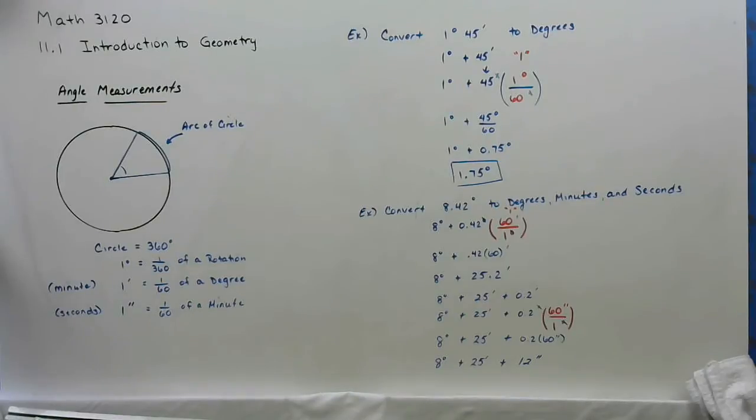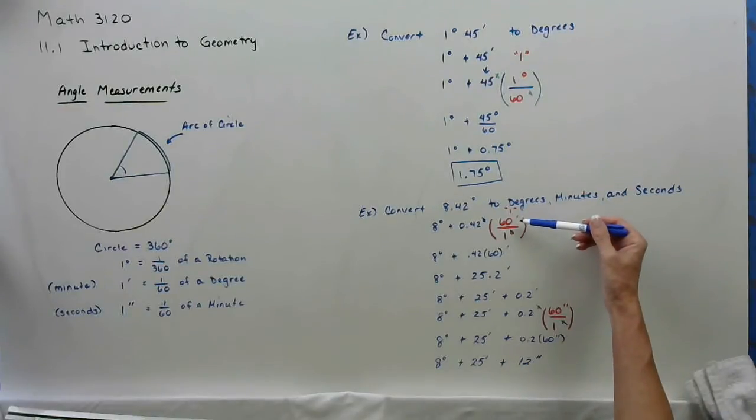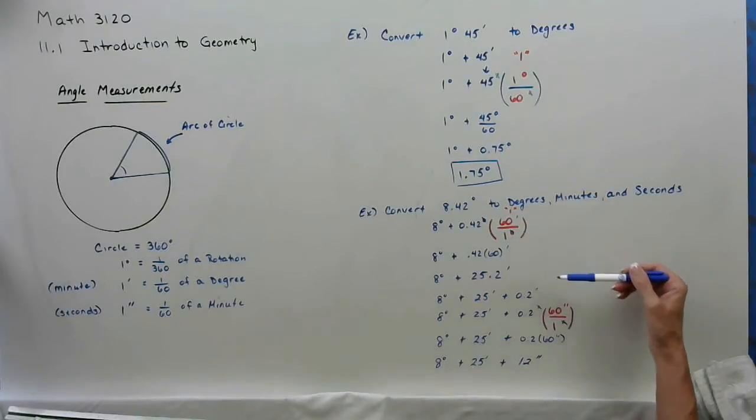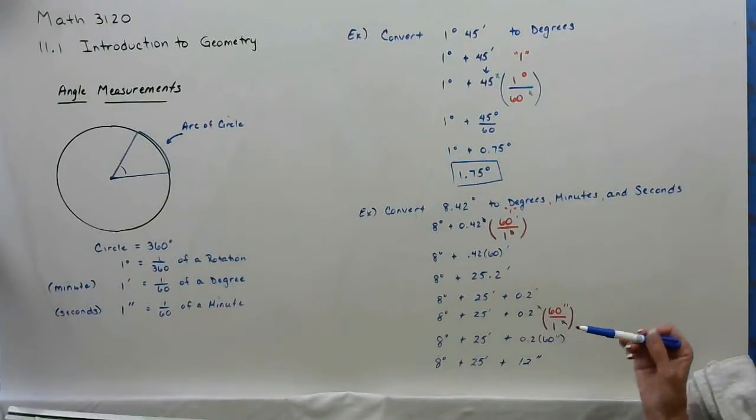Okay, so each time all I did was multiply by the number 1. I just made the number 1 either be in terms of minutes and degrees or in terms of seconds and minutes.